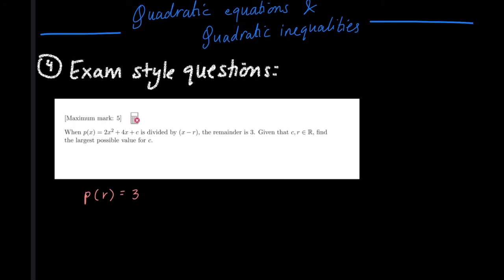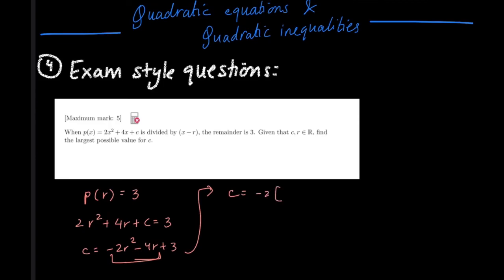So if we substitute x with r, we get 2r squared plus 4r plus c is equal to 3. If we rewrite this, we get c is equal to -2r squared minus 4r plus 3. Now we can use a factorizing method for these two terms. So c is equal to -2 of r squared plus 2r, plus 3.